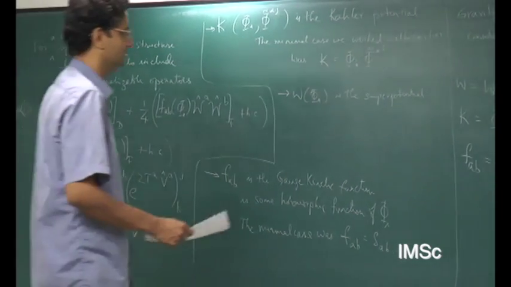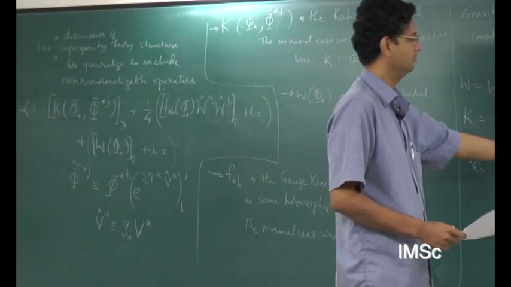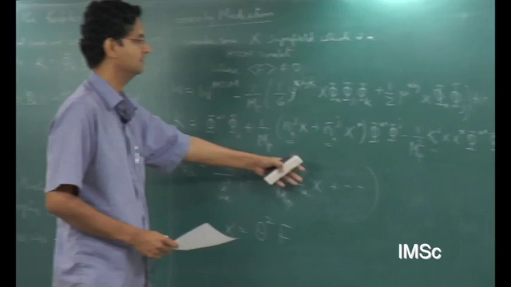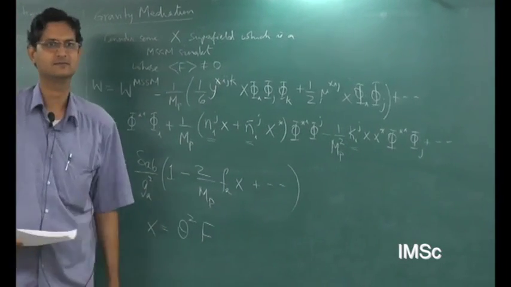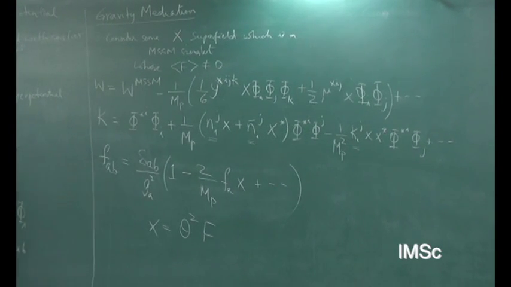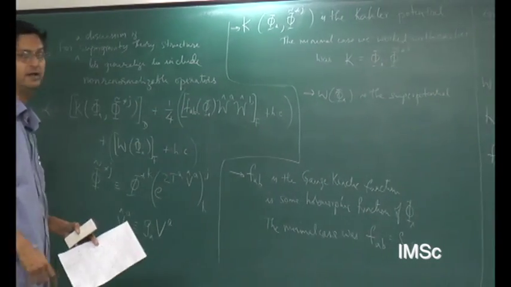So that is the Lagrangian that follows from globally supersymmetric invariant construction, which is given here, and the generalization is written down here on what those W, K and f_AB mean.